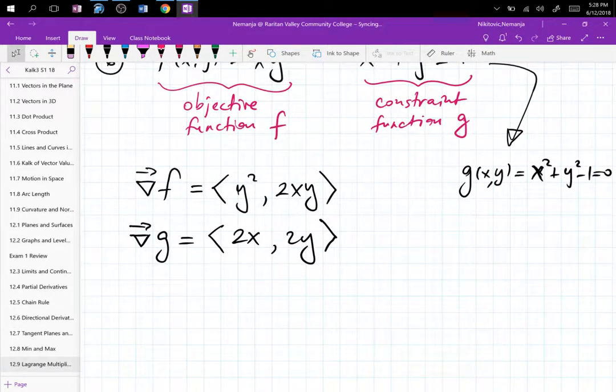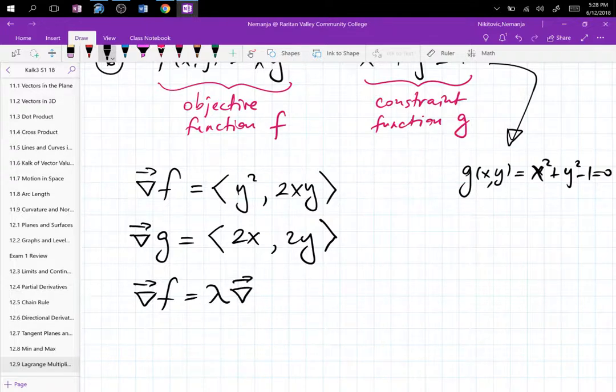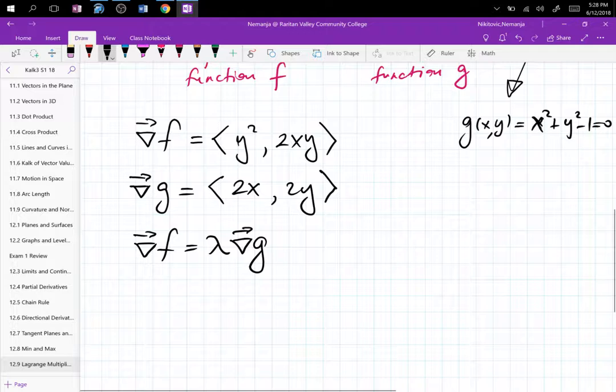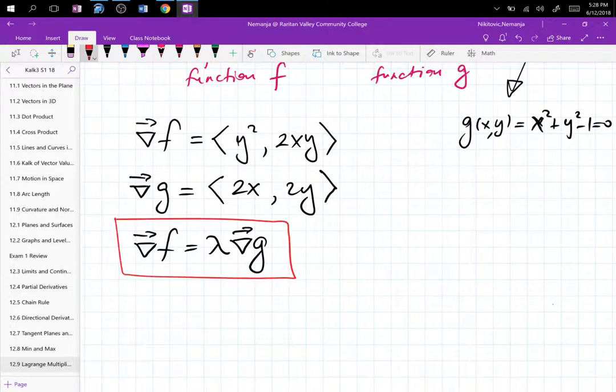And now we are using the formula which says del f equals lambda del g. This is the Lagrange equation over here. What I'm going to do now is write it out; you don't have to write this in the future.